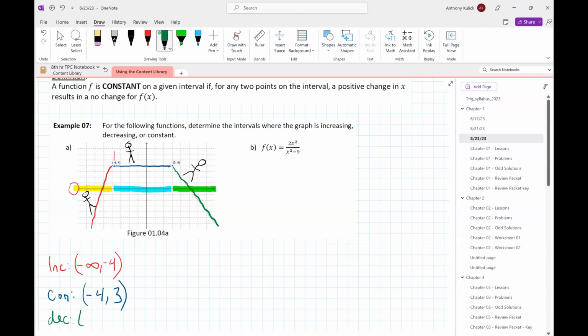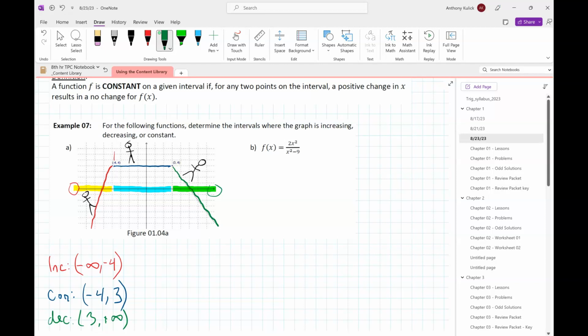That begins at +3, and it goes all the way to +infinity. And again, all parentheses whenever we're doing increasing, decreasing, constant. No brackets. No big deal. So far, so good, right? Questions so far? I know we are not finished, but that's part.